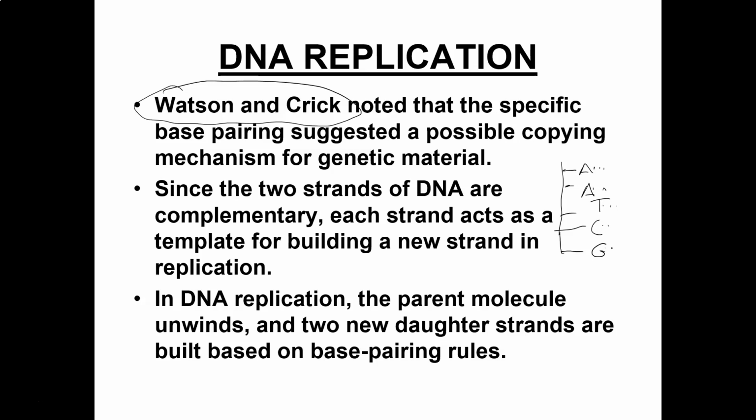As long as you know the base pair rule, you know that it's going to be thymine, adenine, guanine, cytosine in the other strand, because you've got the A and T, C and G rule.